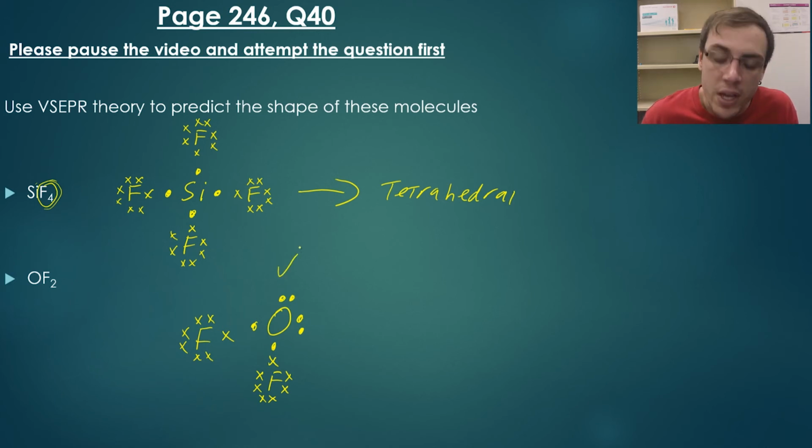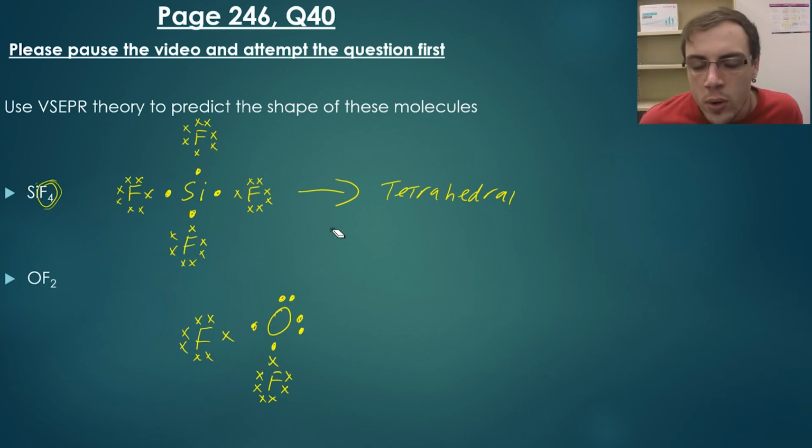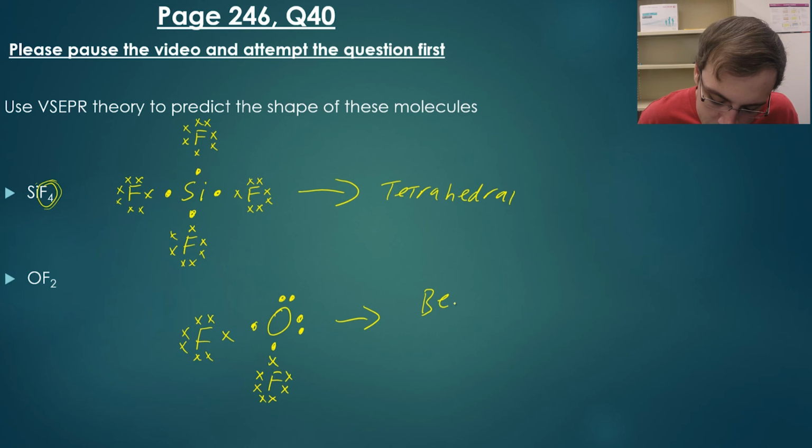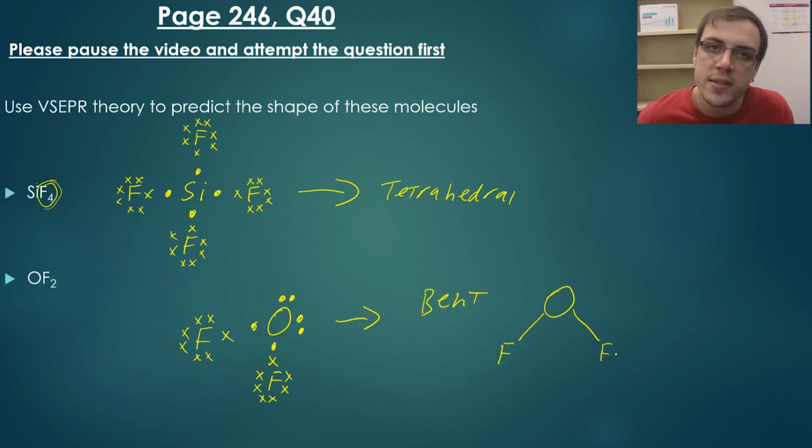So everything is happy. Now, this is where a lot of students fall into this trap. So the shape of this is bent, because it's going to look like this.